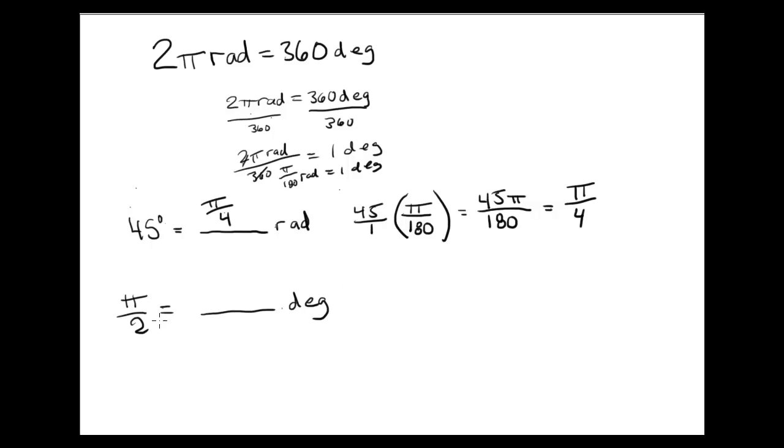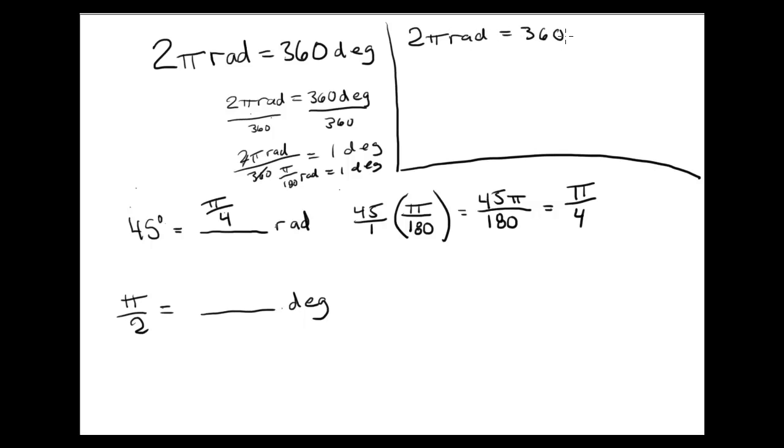On this particular problem, they're giving you a measure in radians and they want you to convert it to degrees. Draw this box up here so you know that this is a separate problem. I'm just going to rewrite this master formula here. Instead of solving for degrees, they gave me a measure in radians, so I'm going to want to get radians by itself.